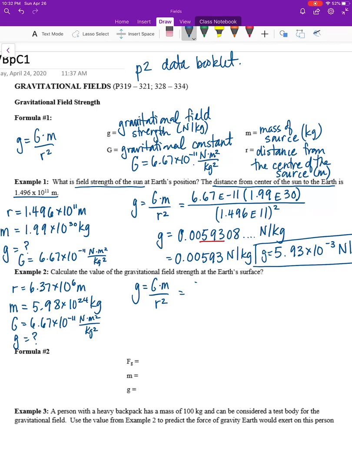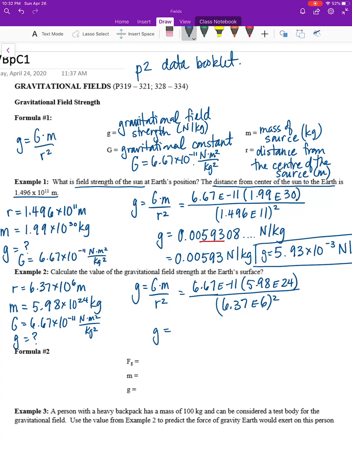Plug in your values, so 6.67 e to the negative 11 times 5.98 e to the 24, all divided by 6.37 e to the 6, and we're going to square it.